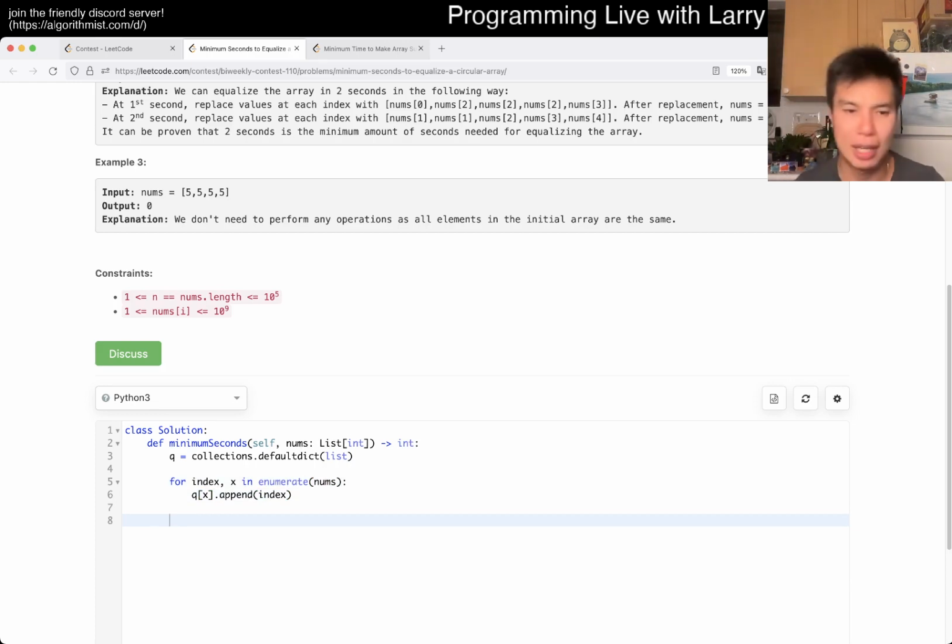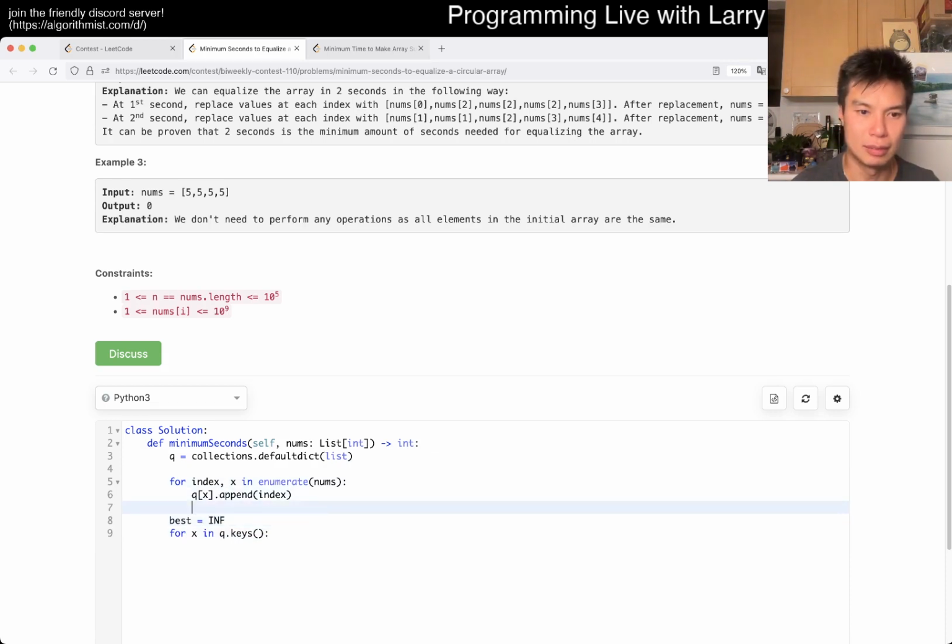The time is the max, so for each one we want the maximum. Yeah, okay, that makes sense.